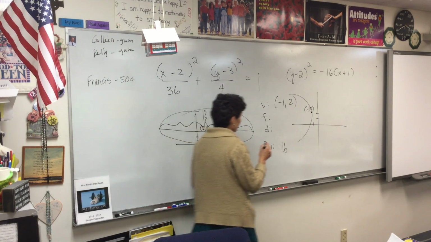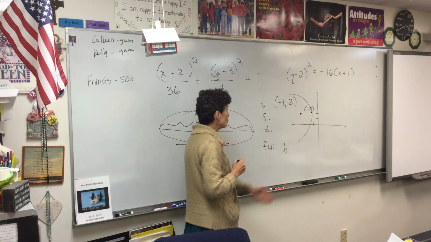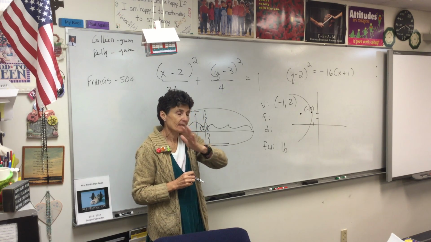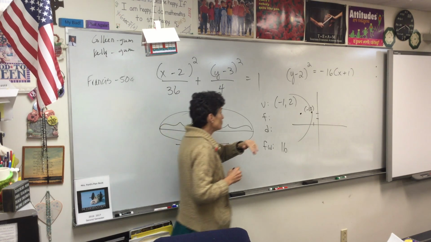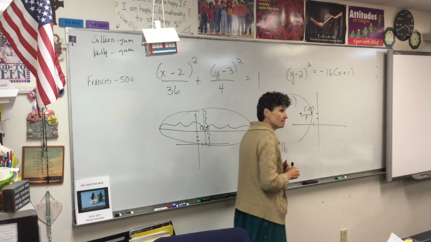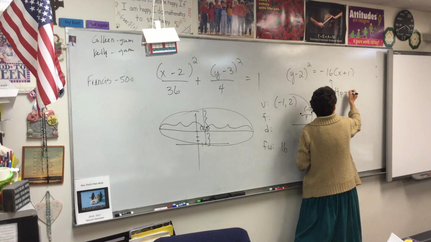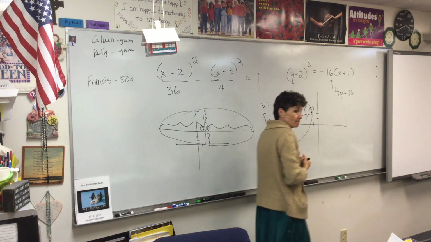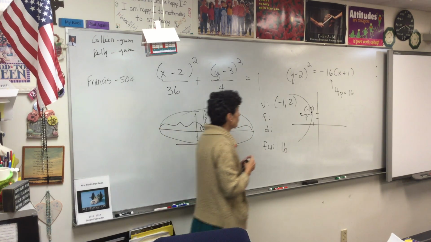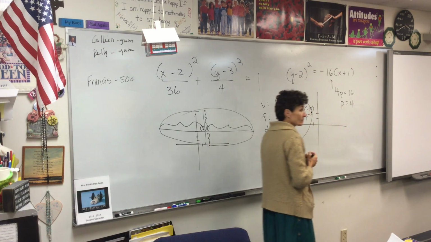That means your focus is here. You are going to back up a distance to get to your focus. To find that distance, which we call P, we remember that this number is always 4P. So 4P is 16, which means P is 4.